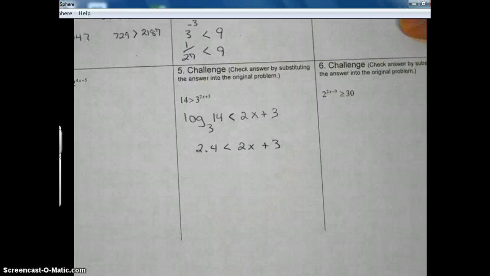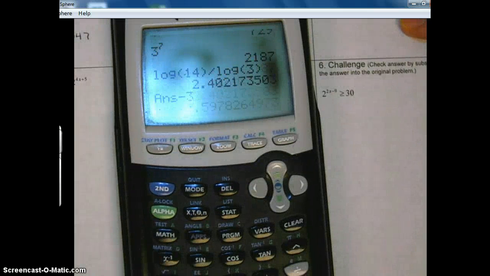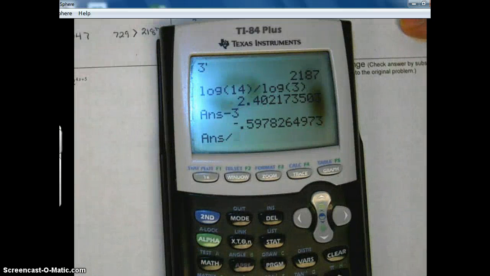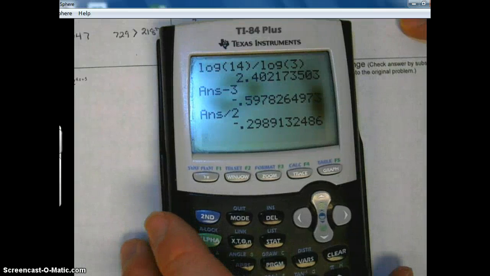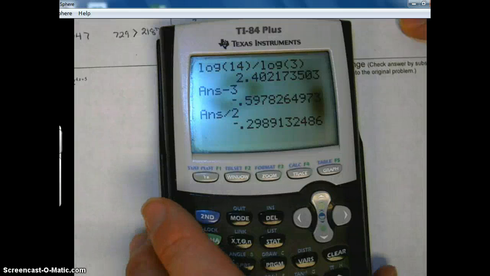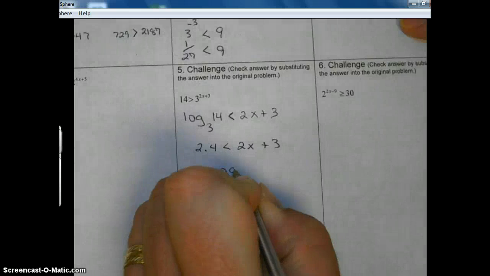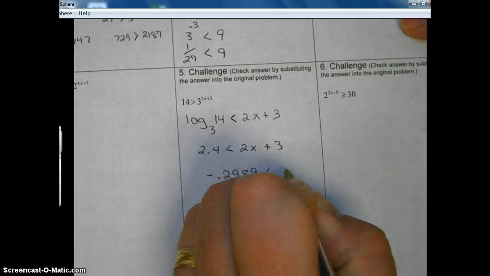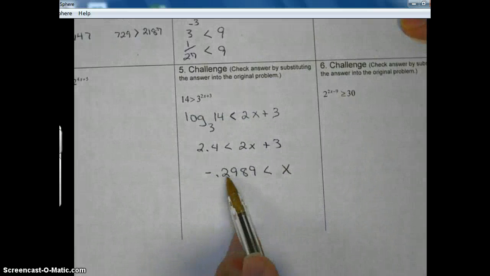Okay, and we're going to subtract the 3 and then divide by 2. And we get negative 0.2989. Less than x, or x is greater than negative 0.2989.